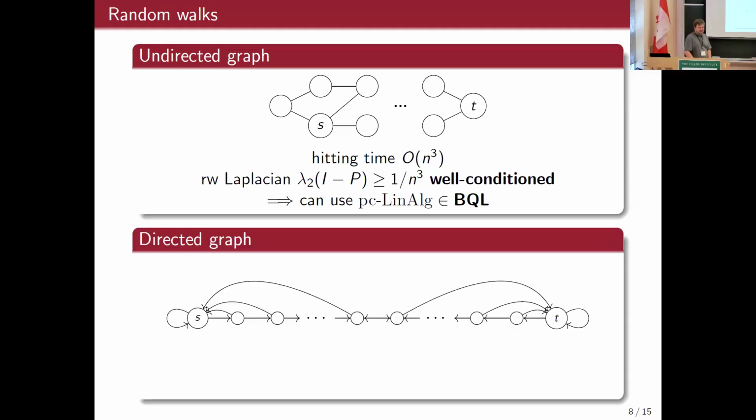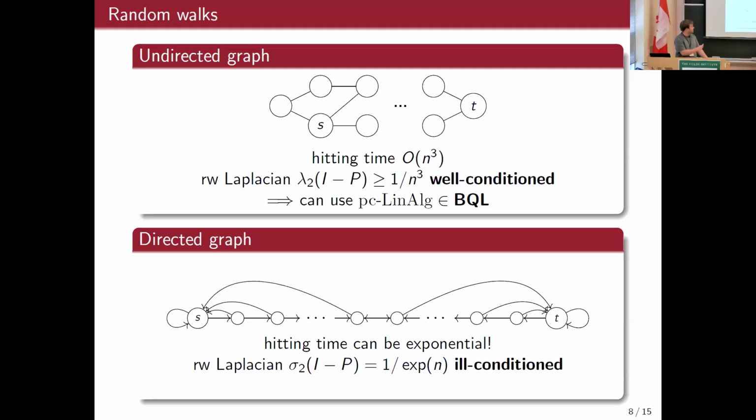For directed graphs, random walks are not that well behaved. An example is given here. So in this graph, if we start a random walk from S, it's quite easy to see that we are expected to stay in this left component of the graph for a very long time until we cross this bottleneck to the right part.